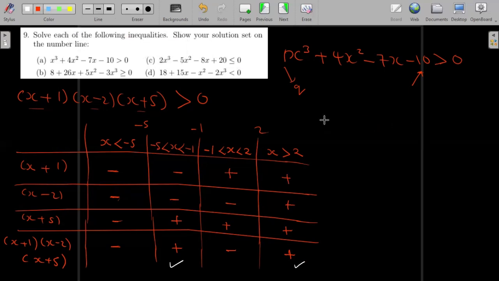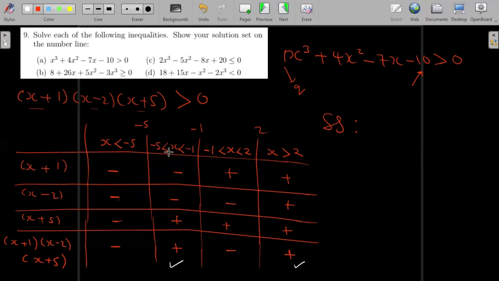So in short, your solution set is going to be equal to x being in between -5 and -1. Now look closely that this is greater than 0, so there's no equal to, meaning we strictly want it greater than 0.